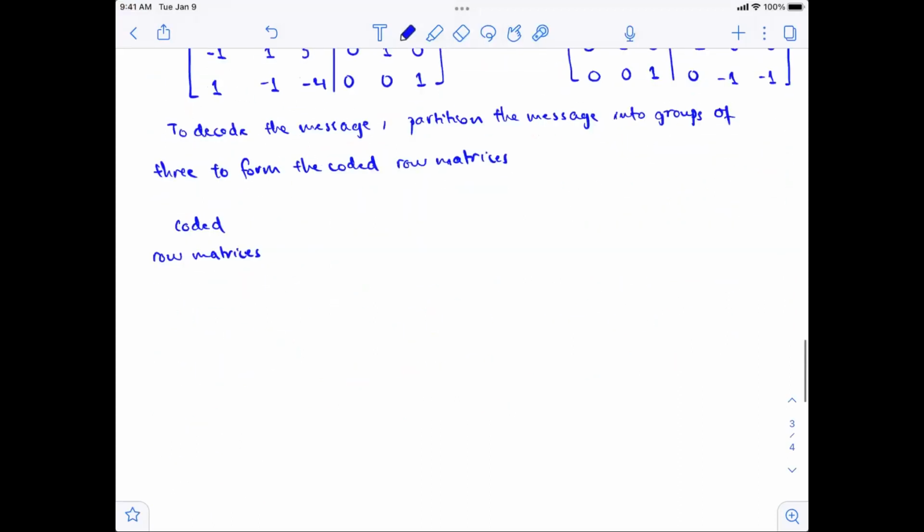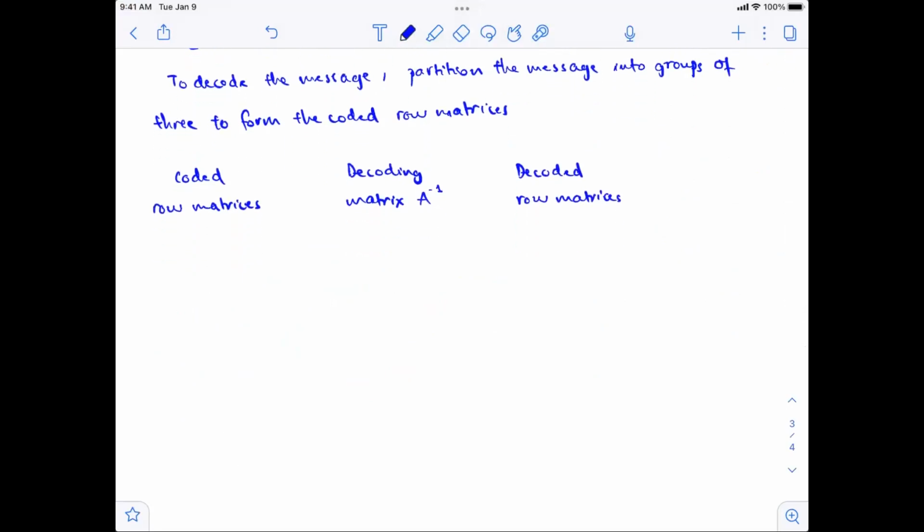That's what we form up here. And then the second part of this calculation is the decoding matrix, right? And in this case, the inverse of A, or A inverse. And then we do the matrix multiplication between these two matrices, and you're going to receive the decoded row matrix, or row matrices.